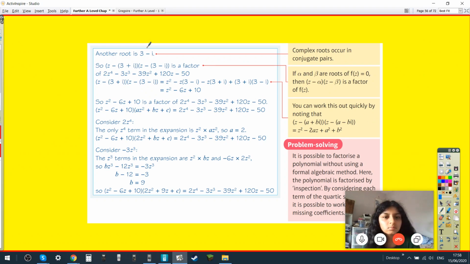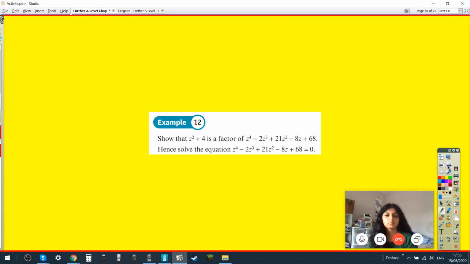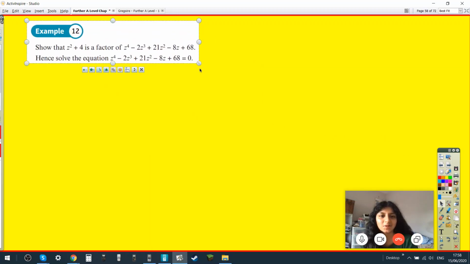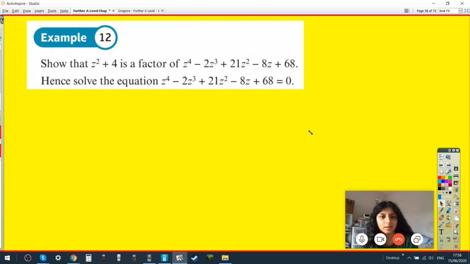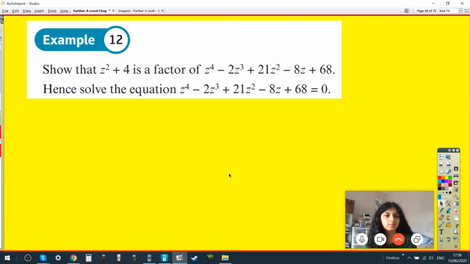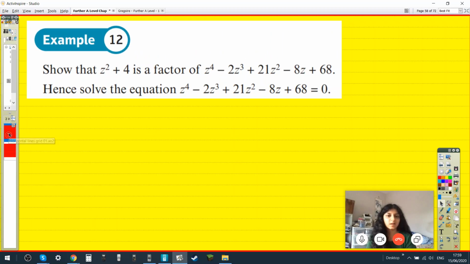Another root is 3 minus i. So those are your factors. And then you just figure out the other one using division. Calculator. It's really long. Show that it's a factor. Do you have to divide to show that it's a factor? Wait, no. I don't know how you show that that's a factor.